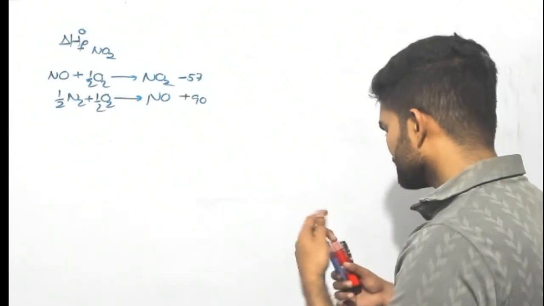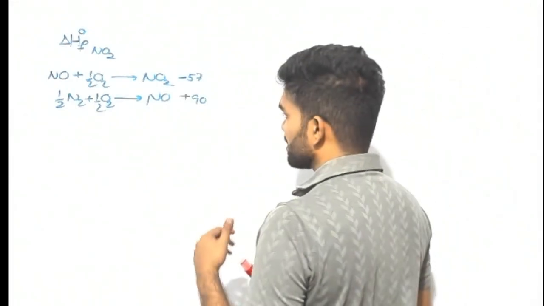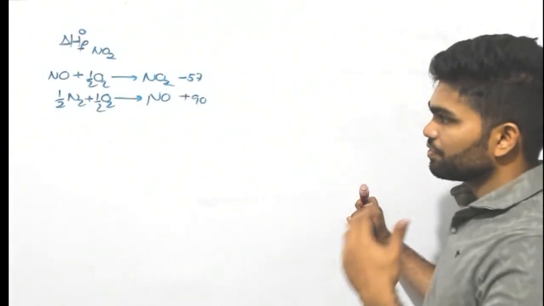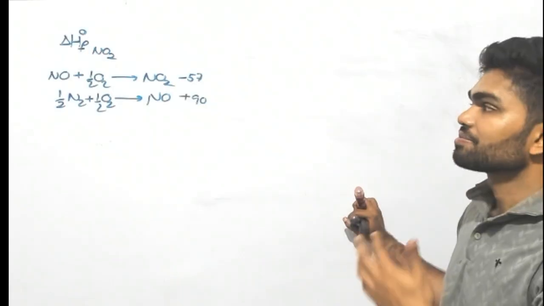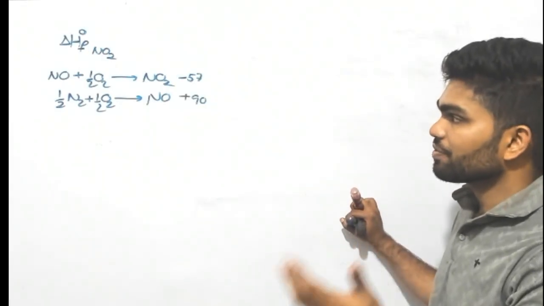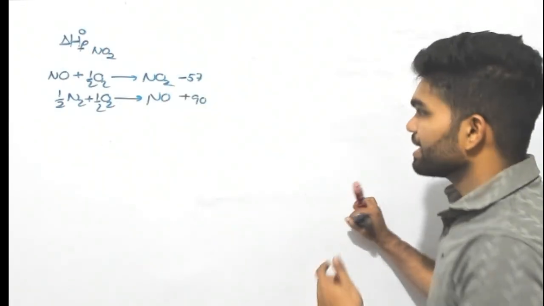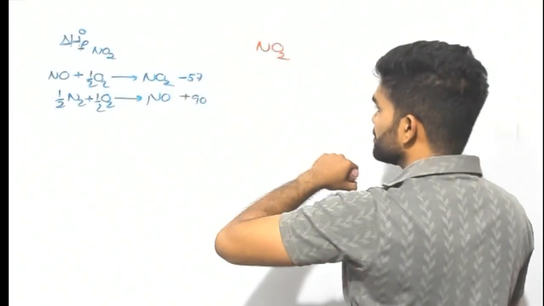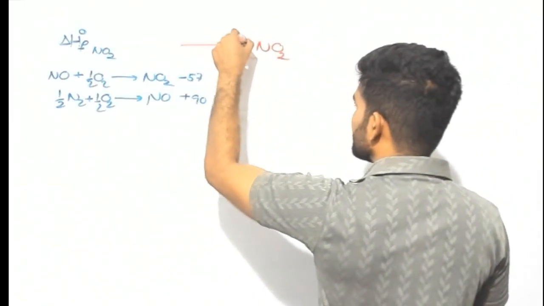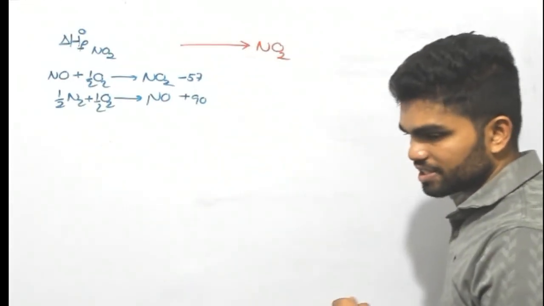So what is the formation enthalpy definition? It tells you that we are going to form a certain compound starting from the reference forms of the elements. Now to make NO2, we are going to make 1 mole of NO2. To form that, we need the elements nitrogen and oxygen.